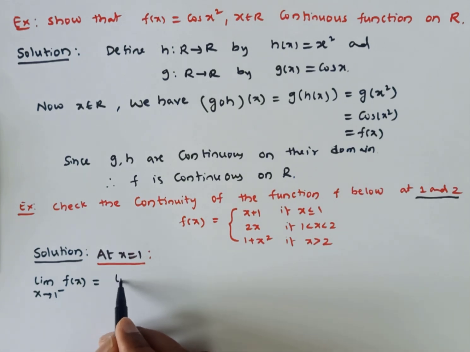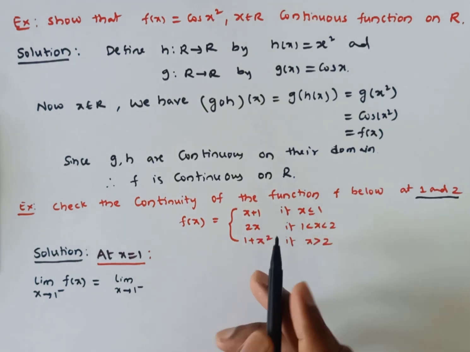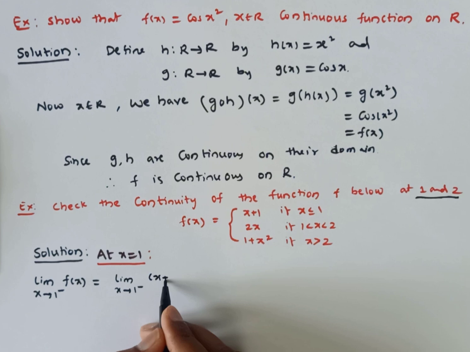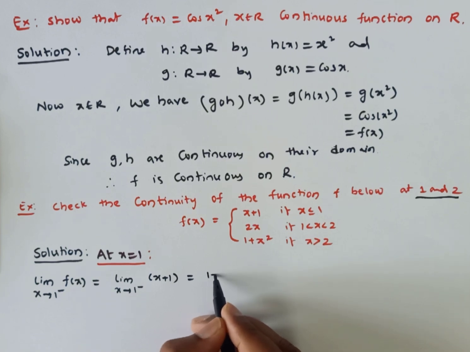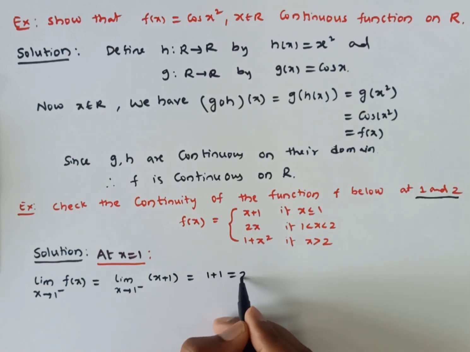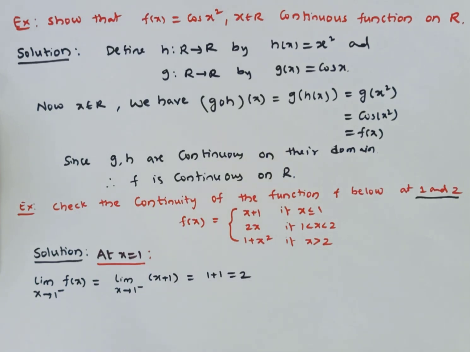In the given piecewise function, x less than 1 means x plus 1 is defined. So now apply the limit. x goes to 1 minus means it is nearby 1, so you can write it as 1 also, no problem. 1 plus 1, that is 2. So the left hand limit is 2.